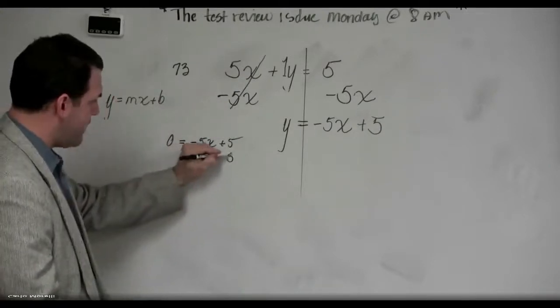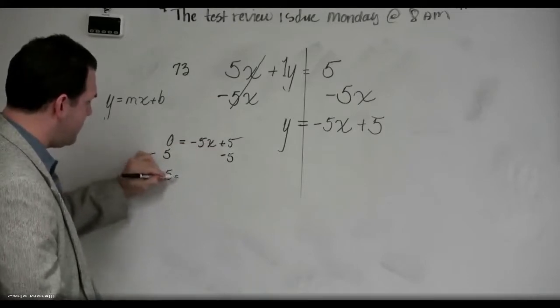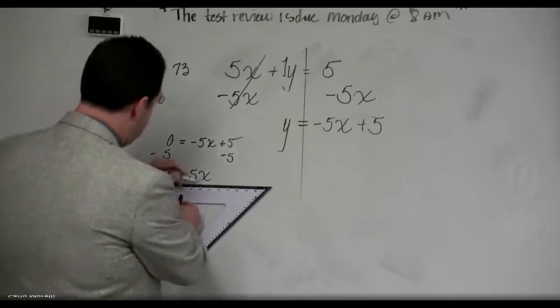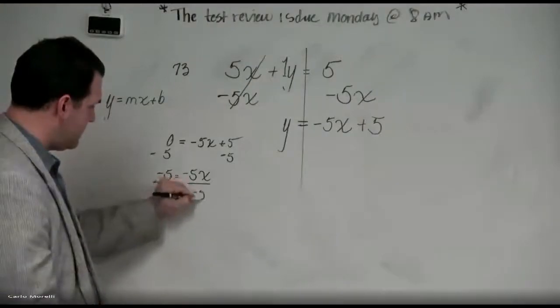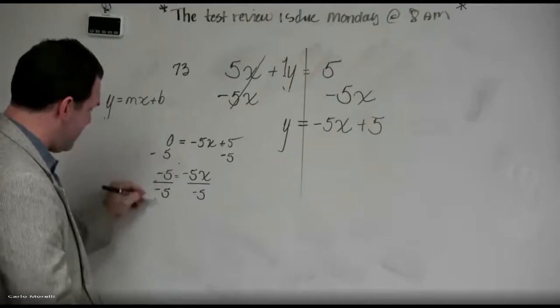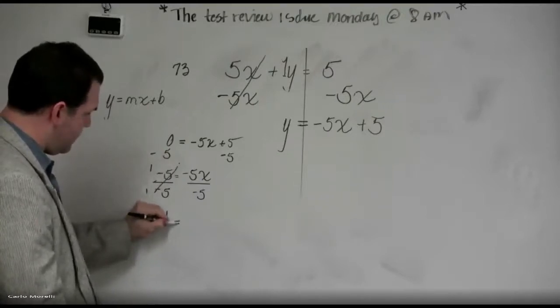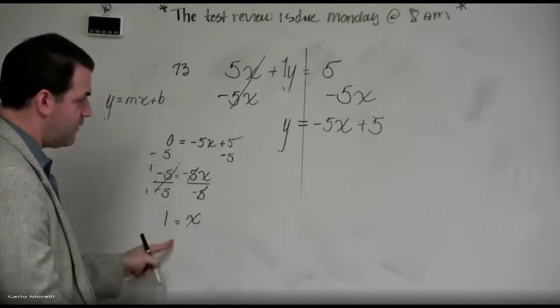So I'll subtract 5 from both sides. I'll have negative 5 equals negative 5x, and then divide both sides by the coefficient of the variable, which would be negative 5. And this is just 1, right? Equals x. So I'm crossing the x-axis at 1.